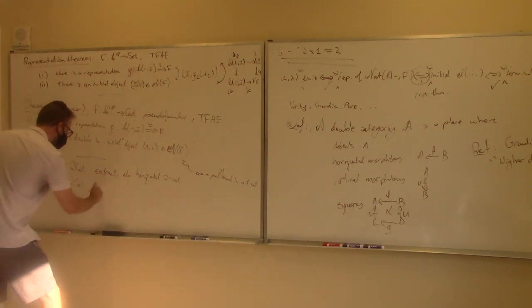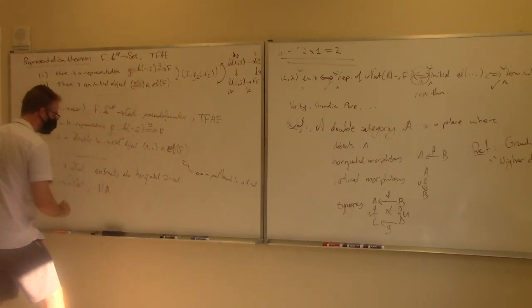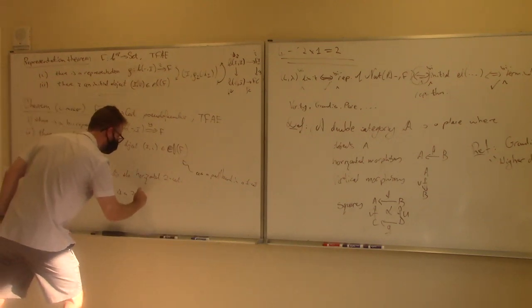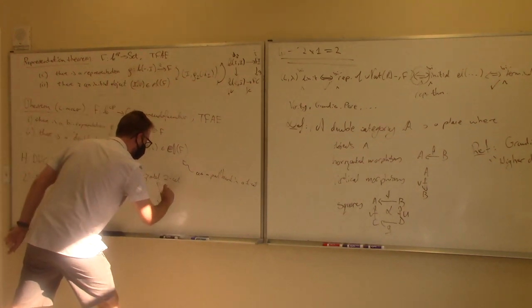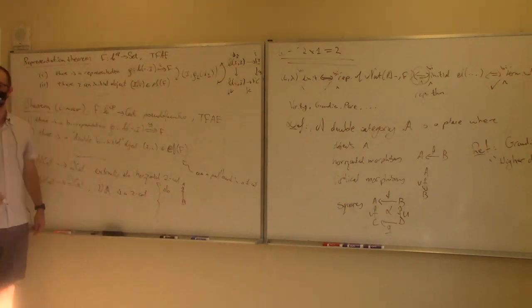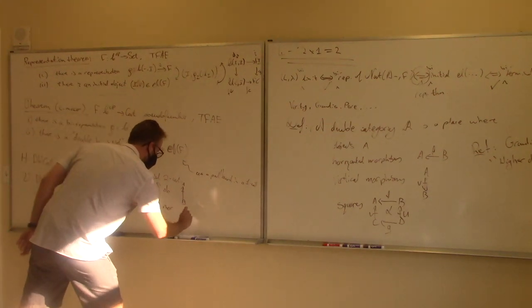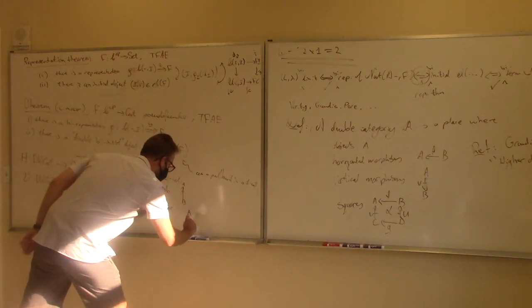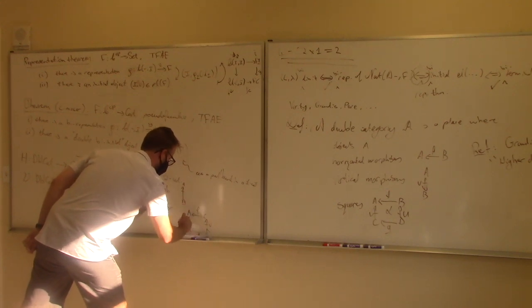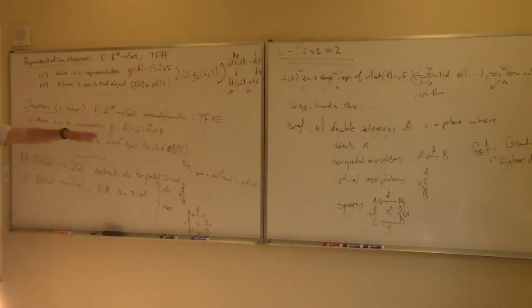So this, on a double category, gives us a two category whose objects are the vertical morphisms of the double category, whose morphisms are the squares and whose two morphisms are something. I don't want to tell you.